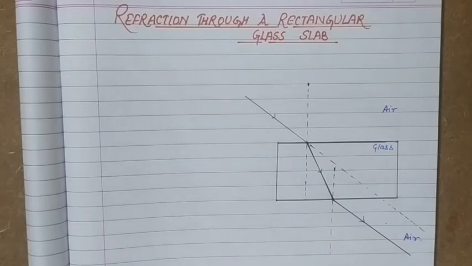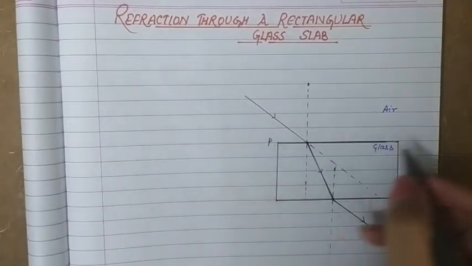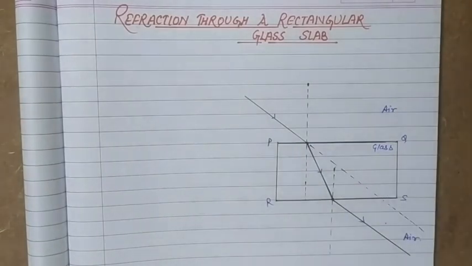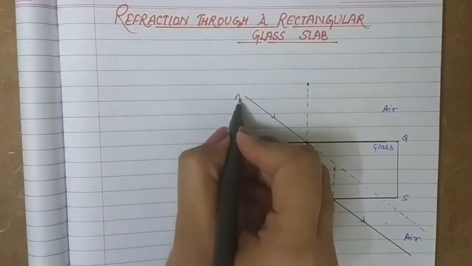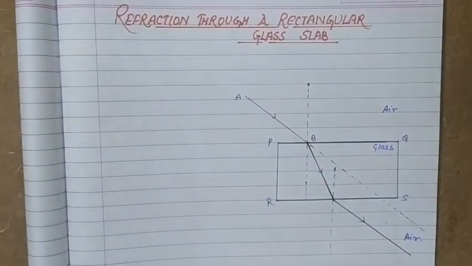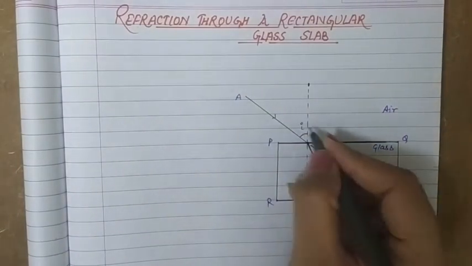So for this we consider a glass slab. Let us name it PQRS. So this is the glass slab that we consider. Now we incident a ray AB on the face PQ. The angle that this ray makes with the normal is called the angle of incidence, that is i.